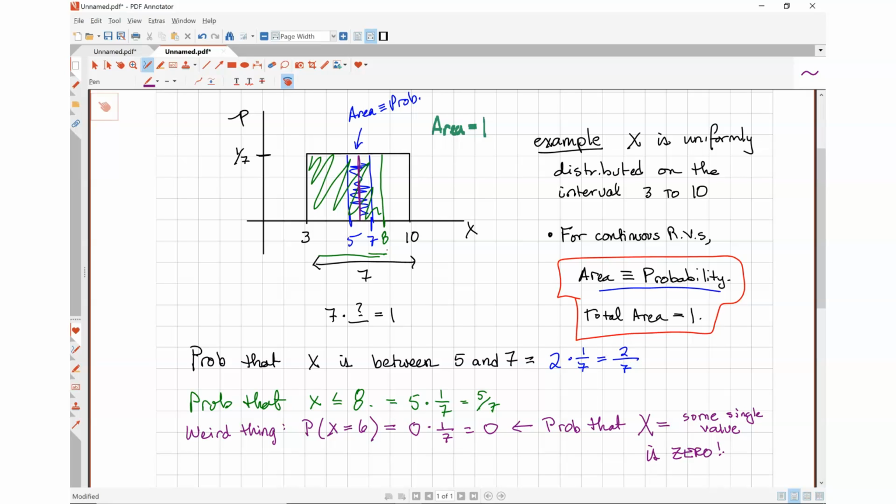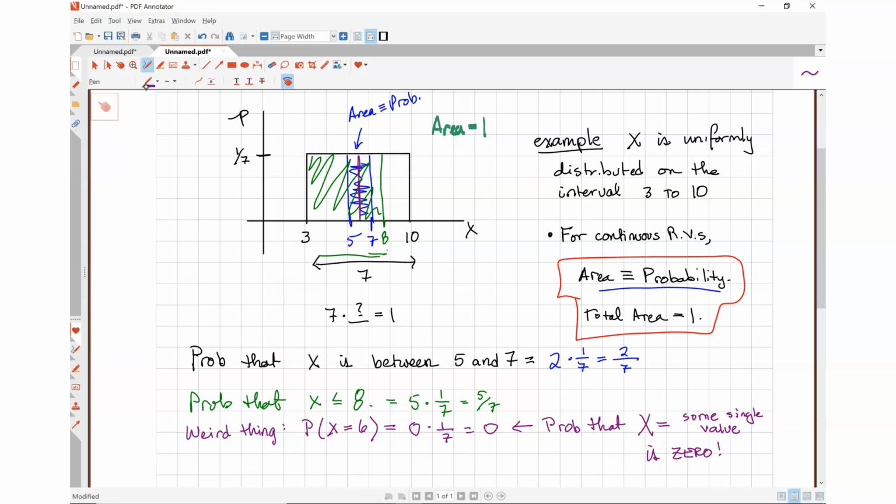Which is weird, because then if the probability of x equaling any given value is 0, how can the probability of x equaling something be not 0? Well, it has to do with a whole bunch of facts about real numbers and something called measure theory, but it doesn't really matter. The thing that matters for us is that when we work with continuous random variables, we are always looking at probabilities that the value of the random variable turns out to be in some interval.